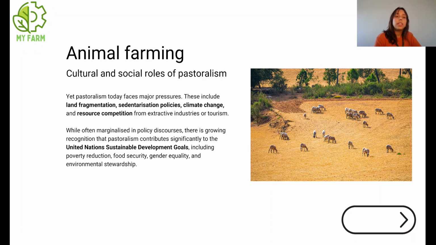Yet, pastoralism today faces major pressures. These include land fragmentation, centralization policies, climate change, and resource competition. So, for example, resource competition from extractive industries or tourism.